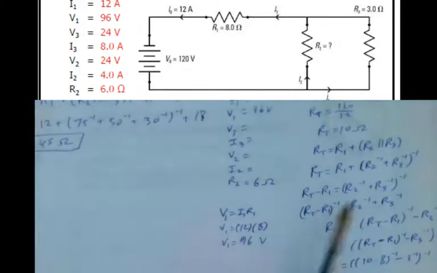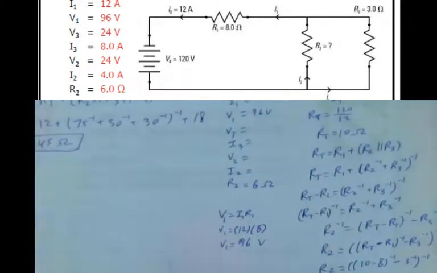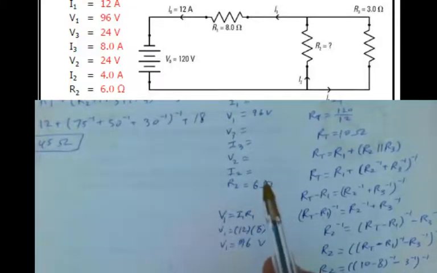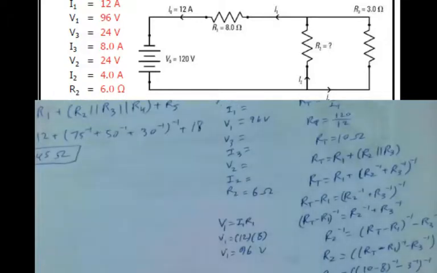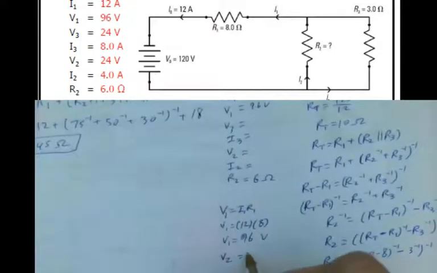I may not have needed to solve for this to find out the rest, because now that I know that's 96 volts across R1, using the idea of Kirchhoff's voltage law, if I drop 96 volts there, I have to drop the remaining volts at R2. So V2 is equal to VT minus V1.